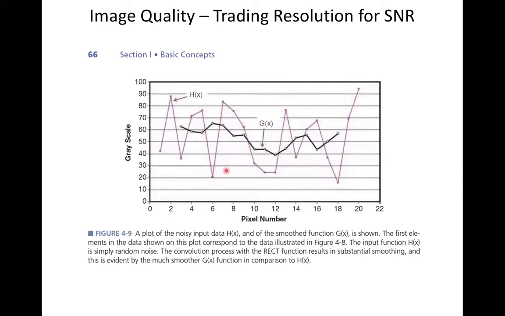If I would like to make my picture look less noisy, what I can do is average neighboring pixels together to get a better estimate of the mean value over local regions and reduce the root mean square deviation of that signal. That's called convolution.